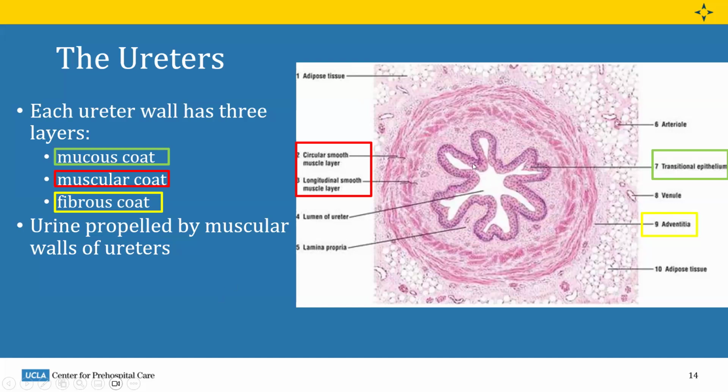So essentially, this muscular layer is going to be contracting to propel urine along the length of it, which is really important because if you don't have the ability to propel urine, then what would happen if you were laying in bed and you didn't have gravity to help you carry urine down to the bladder?